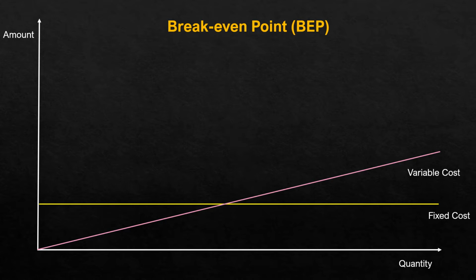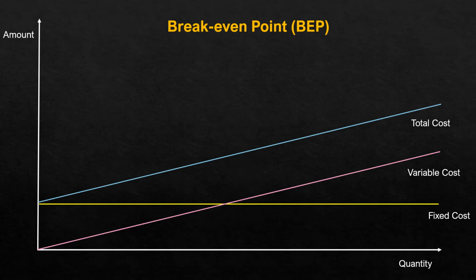So naturally, the slope of the variable cost line is going to be flatter as compared to that of the sales line. So variable cost and fixed cost together, when we superimpose them on each other, we get the total cost line, which naturally means the variable cost line gets shifted up and mounted on the fixed cost line, and that's how we get the total cost line.